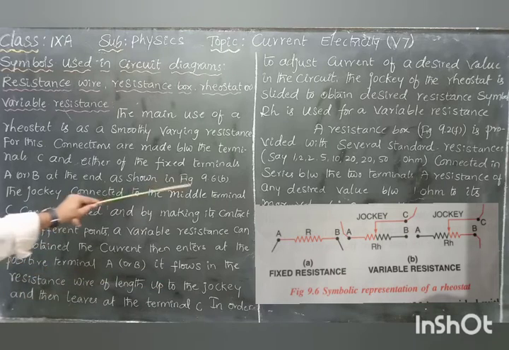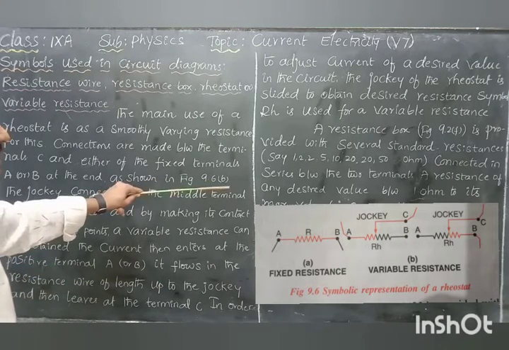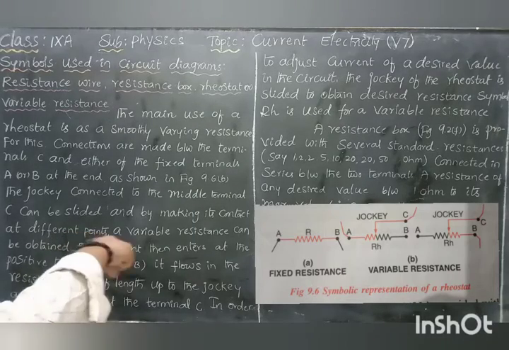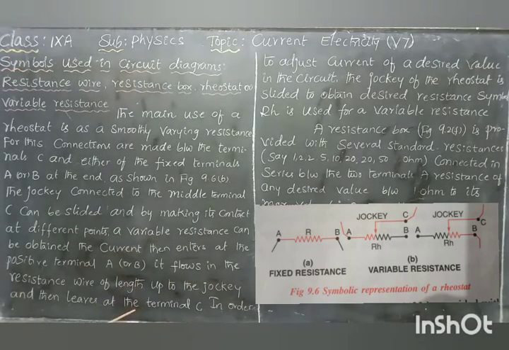Next, as shown in figure 9.6b, see the diagram. The jockey connected to the middle terminal C can be slid, and by making its contact at different points, the jockey connects different lengths of the entire enamel wound constantan wire.